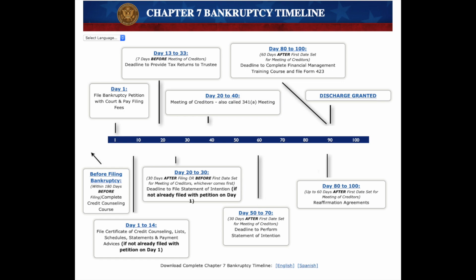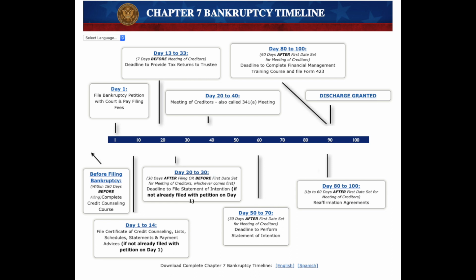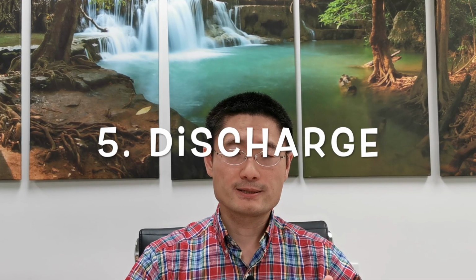80 to 100 days after filing, you will have to complete a financial management course. And then, the moment we've been waiting for, 4 to 6 months after filing, the court will discharge your debts, which means those debts permanently go away. What does this mean for your unsecured debts?